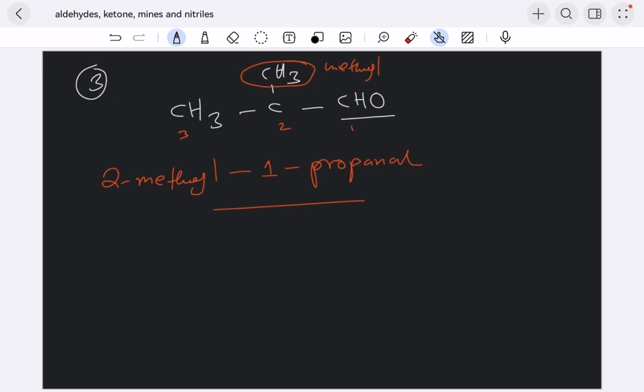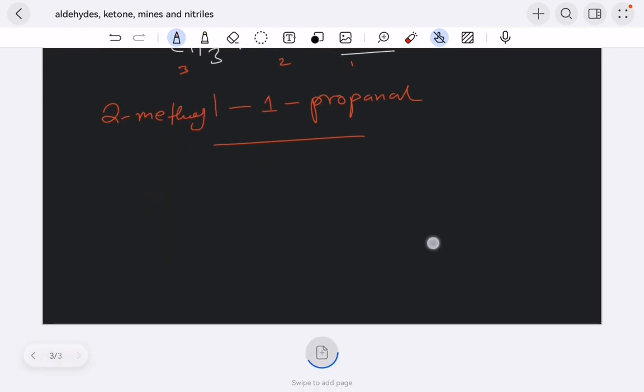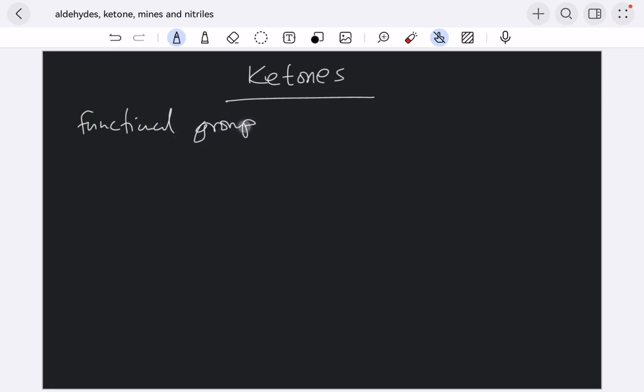Let's quickly move and look at ketones. So ketones are represented by a functional group R, C double bond O, then R. Then the suffix of a ketone is -one.